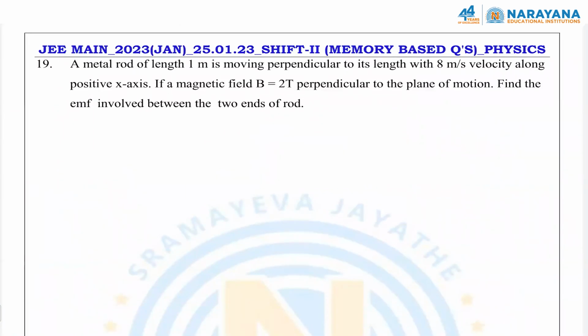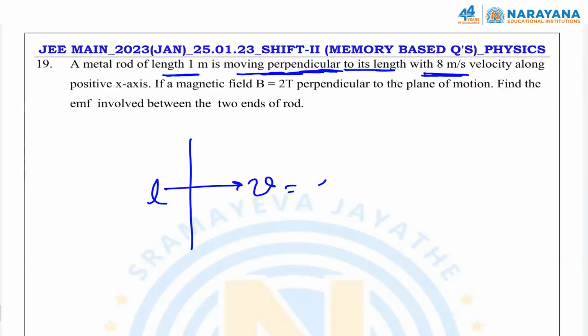All right, the next question, 19th, we have a metal rod of length 1 meter and it is moving perpendicular to its length. So this is a rod of length 1 meter and it is moving perpendicular to its length with a velocity of 8 meter per second. And this length is 1 meter. And we are given a magnetic field 2 T perpendicular to the plane of the metal.